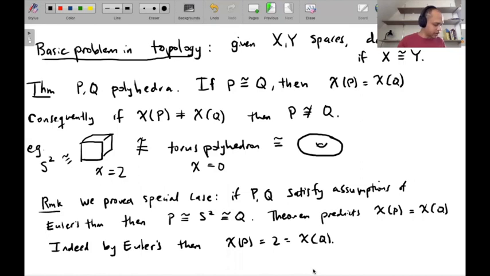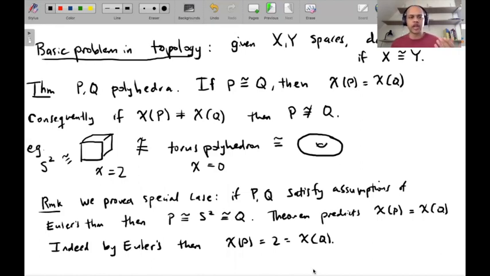I just want to say that this theorem is a quite important theorem, and it dates back to Euler, I believe, and it's one of the theorems at the birth of topology.